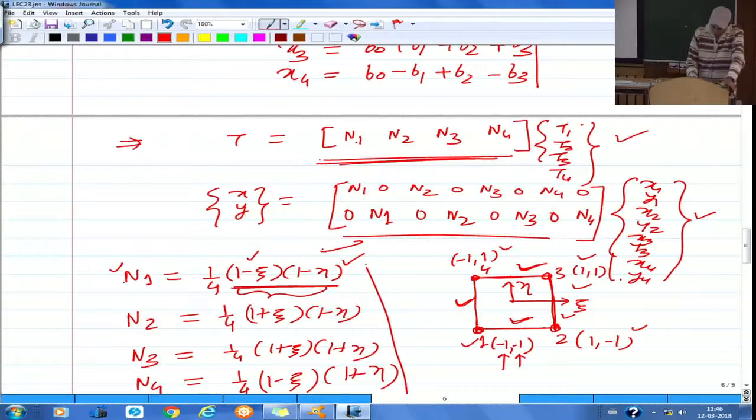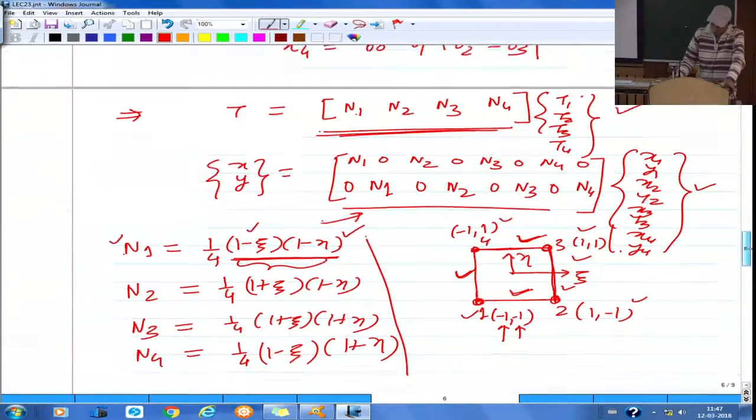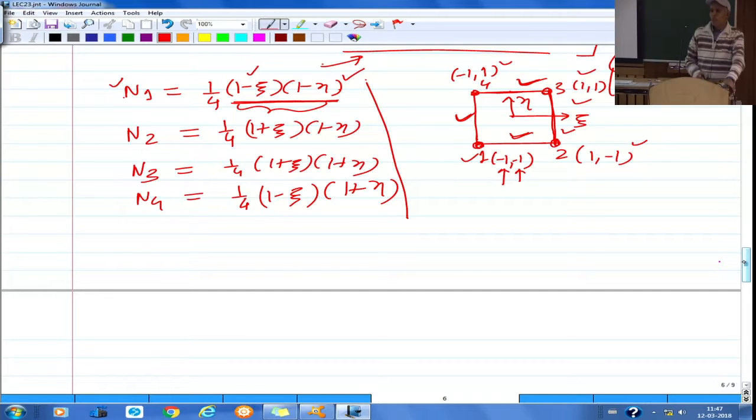In the same way, x and y are also written explicitly in terms of xi and eta, so we can also get derivatives of x and y with respect to xi and eta explicitly. So differentiation with respect to xi and eta is easier, but what we finally want is the derivatives with respect to x and y of the dependent variable.